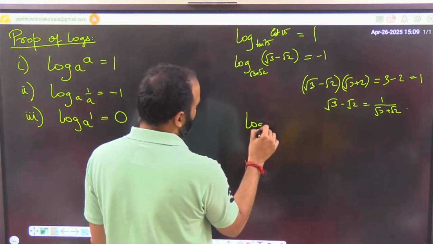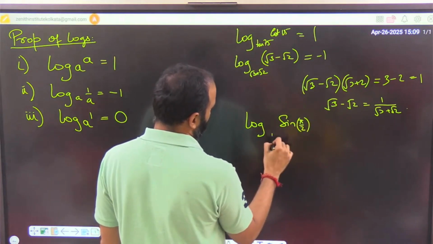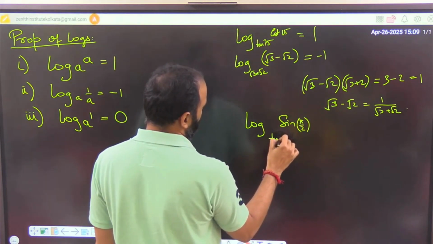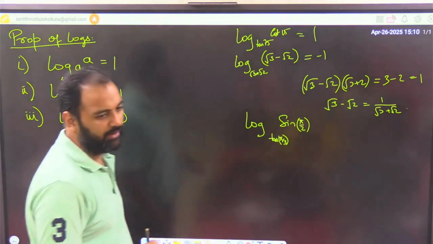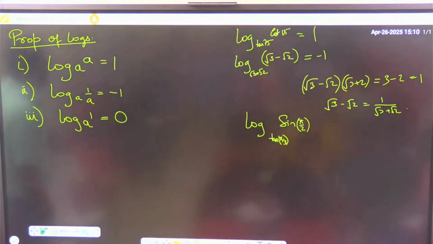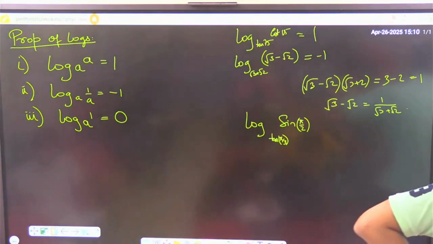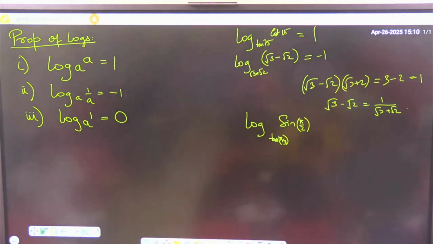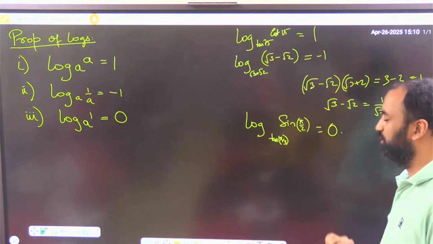Similarly, what will be the value of log of sin pi by 2 to the base tan pi by 3? This would be 0.